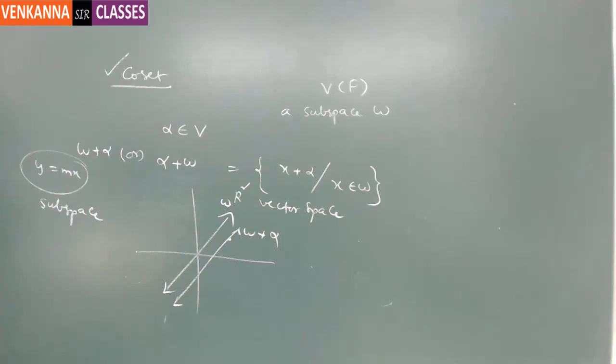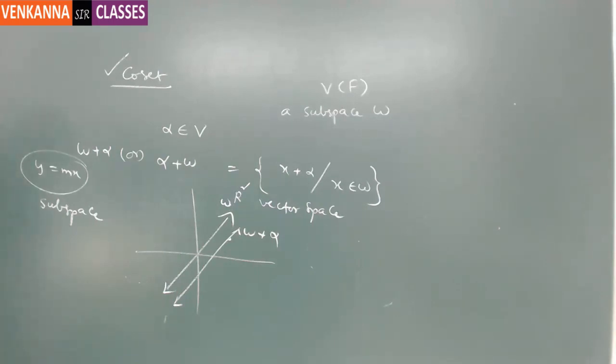So this is called a coset. So how many cosets will come? As many as the number of vectors in the vector space. Now what happens? You will have distinct cosets and you will have repeated cosets. On the whole, that is the geometric view with respect to a coset.